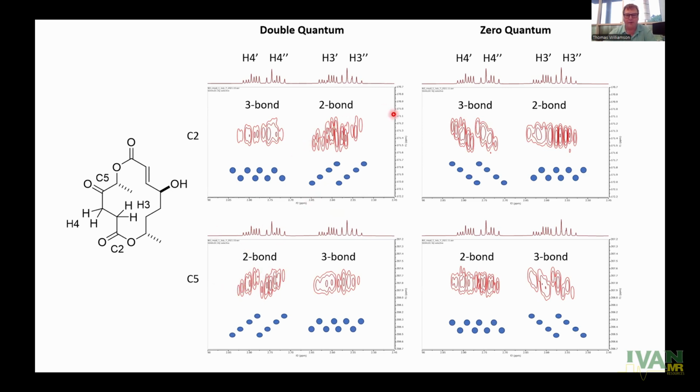When we select for zero quantum magnetization, it reverses, and we see the tilt in the complementary way. This works pretty nicely, but as I mentioned, it does require that the multiplet of interest has some sort of multiplicity to it so we can observe that tilt.